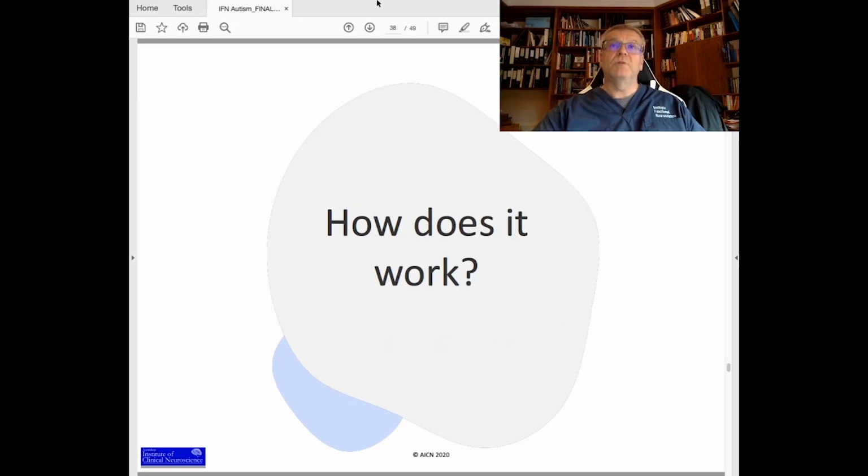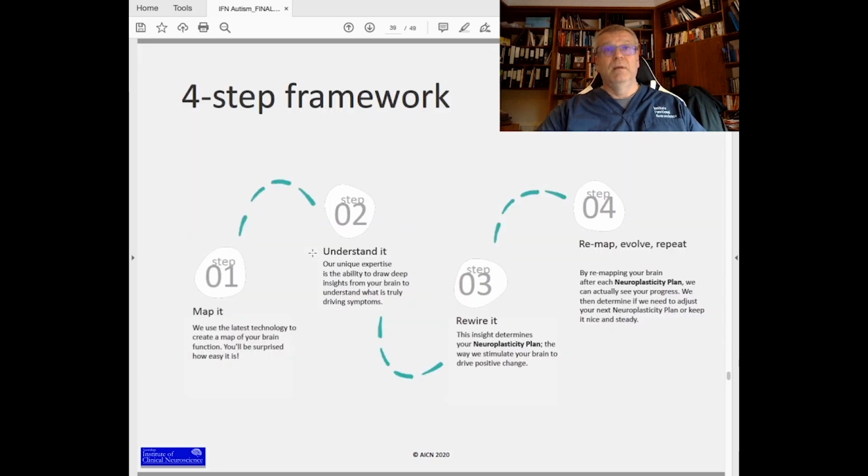So the first question we usually get is, how does it work? What do you do that makes this happen? It's a 4-step framework. We map your brain using the technology that we talked about before. We try to understand how your brain is responding to different stimuli that we put in. We put the stimulus in, we measure again how your brain is going, and then we remap your brain to see what changes have happened because of the stimulus.